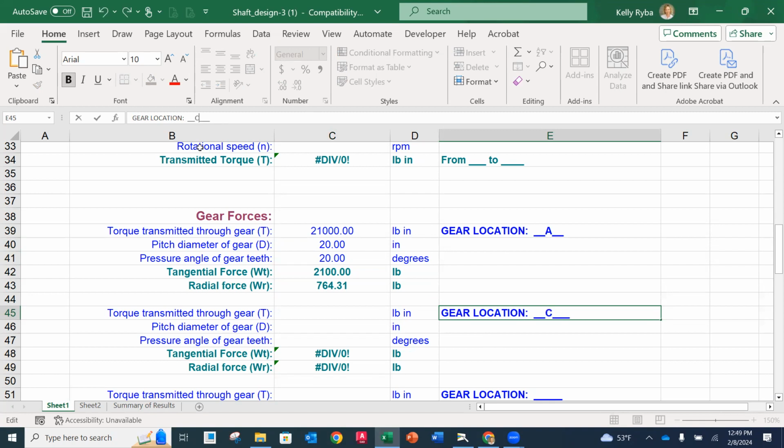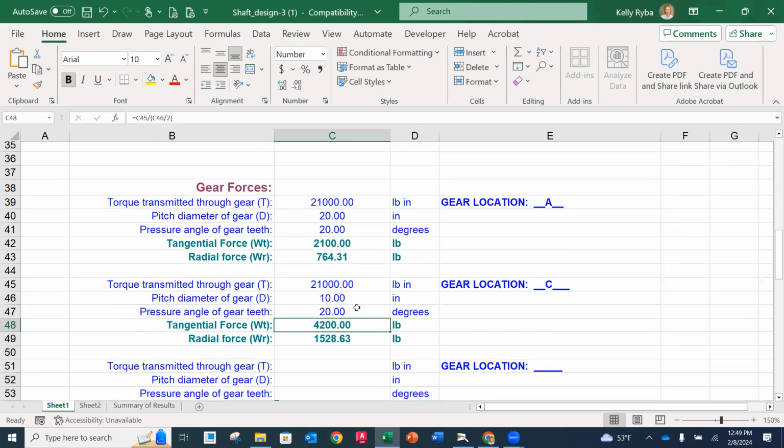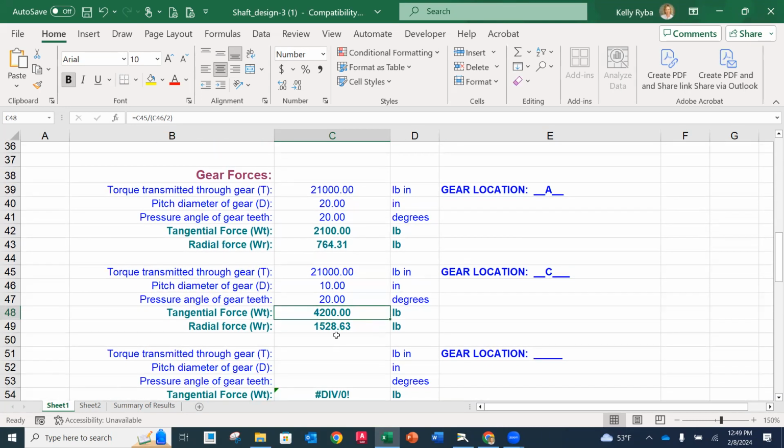And again, just because I know that the torque is the same, 21,000, and I just saw the diameter was 10 inches, 20-degree pressure angle. We've got our gear force magnitudes for each one of these now. So you should have tangential for A as 2100 and the radial at 764.31. And then for gear C, 4200 for the tangential, and then 1528.63 for the radial.